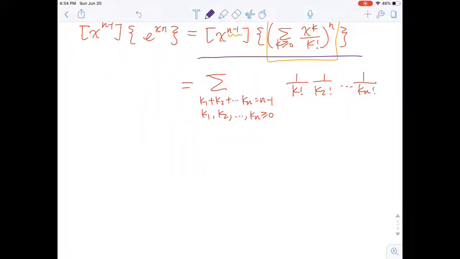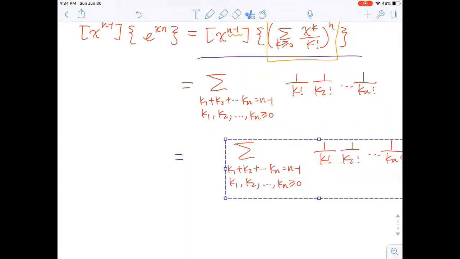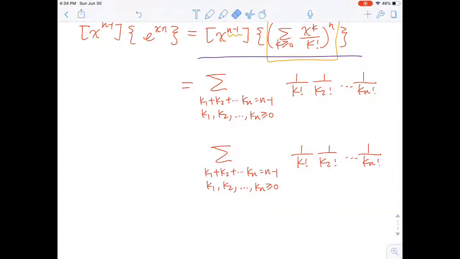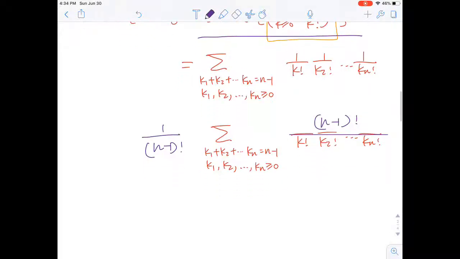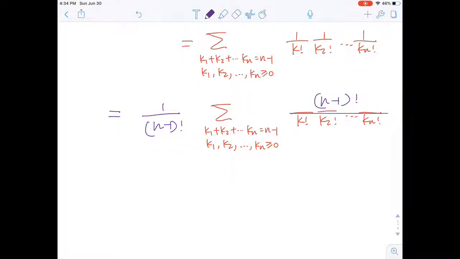All those factorials down here remind us of repetition. So how can we give this a combinatorial interpretation? This actually reminds me of the multinomial theorem. So we're going to add this at the top, and then divide by n minus 1 factorial so that we maintain the equality.